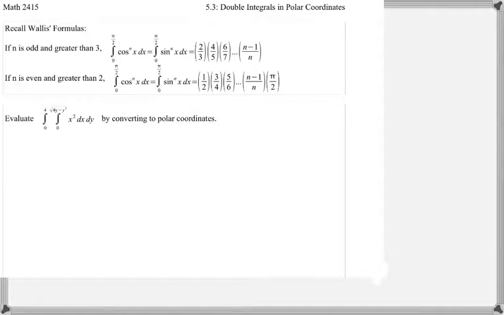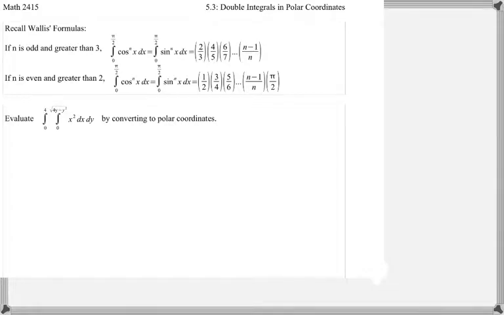Anyways, Wallis's formulas: if n is odd and greater than 3, then the integral from 0 to pi over 2 of cosine to the nth power x dx is the same as the integral from 0 to pi over 2 of sine to the nth power x dx, which is equal to 2/3 times 4/5 times 6/7, all the way out to (n minus 1) over n.